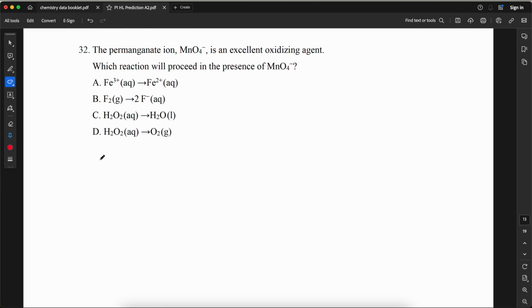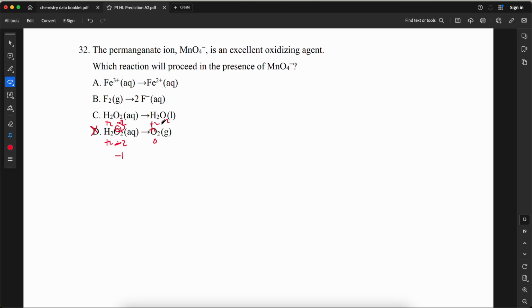The permanganate ion MnO4- is an excellent oxidizing agent. An oxidizing agent causes a species to be reduced and causes oxidation. So the one that has oxidation is D. Negative +2, -2, so -1. This is 0. -2, +2 and +1. +2. -1, -2, -1.